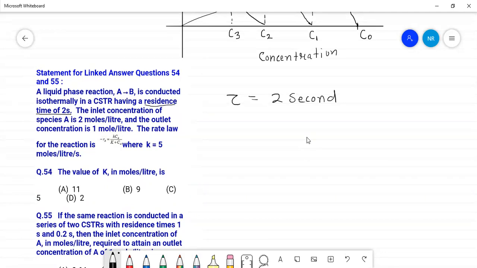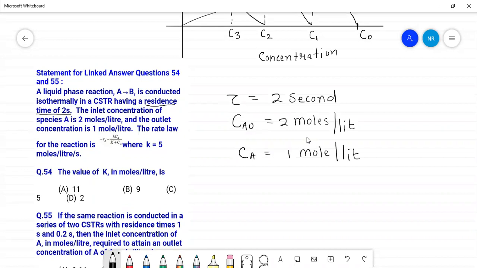The inlet concentration of species A is 2 moles per liter, so initially Ca0 is equal to 2 moles per liter. Outlet concentration is 1 mole per liter, so Ca is equal to 1 mole per liter. It means conversion is Ca0 minus Ca divided by Ca0.